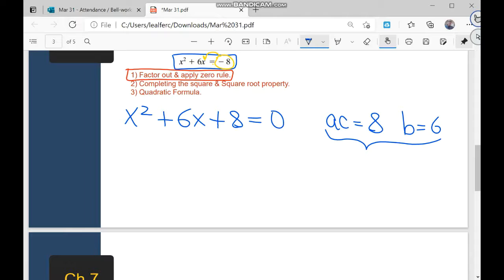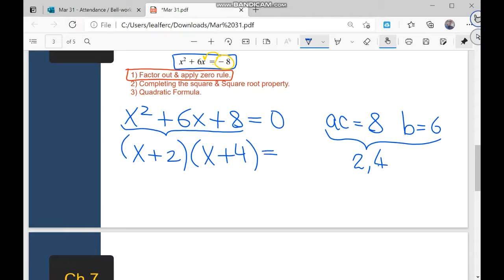We have a few options, but the best option, where the multiplication equals 8 and the sum equals 6, is positive 2 and positive 4, right? Positive 2 and positive 4. We can write this equation here. We can factor x plus 2 times x plus 4 equals 0.